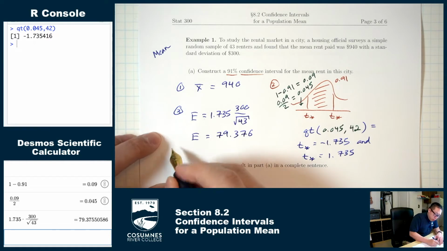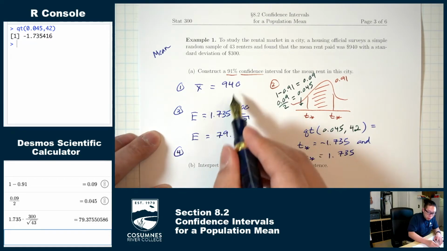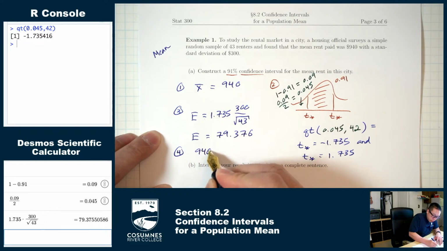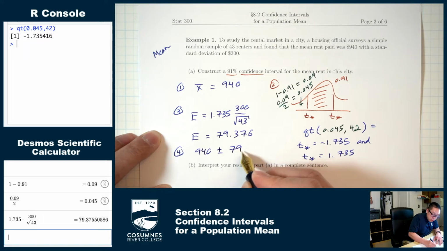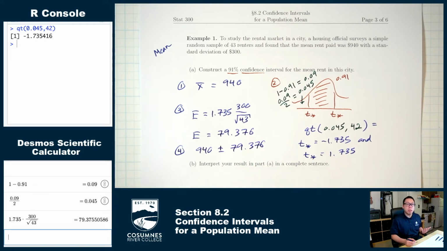And then finally, step 4 is to construct your interval. So it's going to be x bar, which is 940, plus or minus our margin of error, 79.376. And then I need to subtract to get my low number and then add to get my high number.